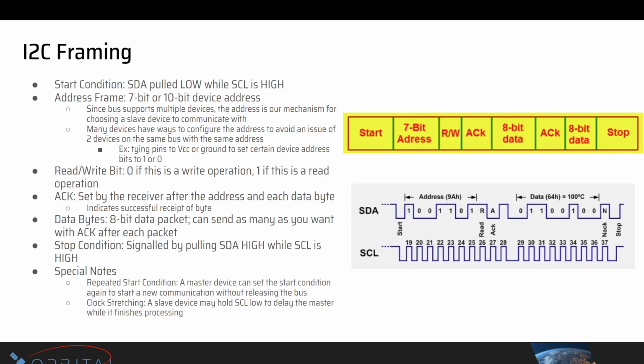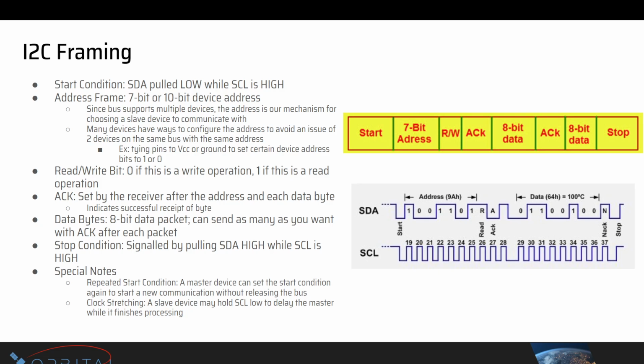So let's say we wanted to do a read from some kind of device. We would send its address, and we would want it to send the data back, but it would need to first process the bytes it received, and maybe it needs to do some other logic before it's ready to send the data back.